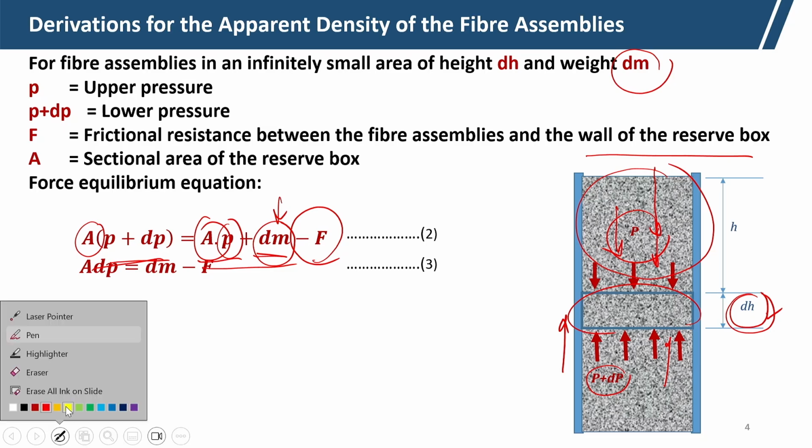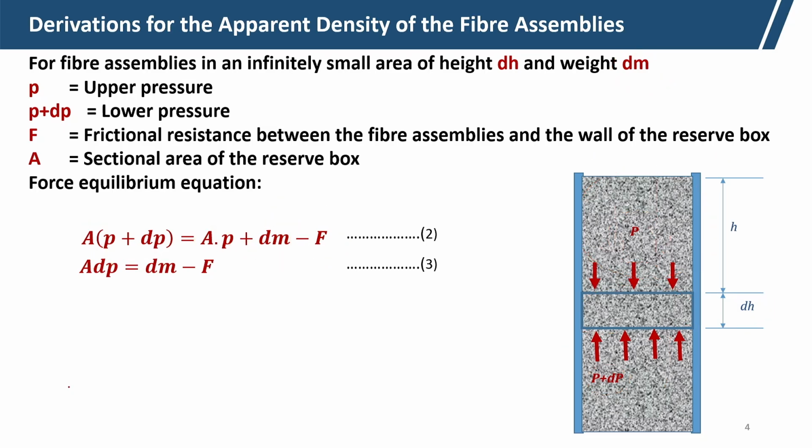So, if we simplify that, it will become A dP. AP gets cancelled.